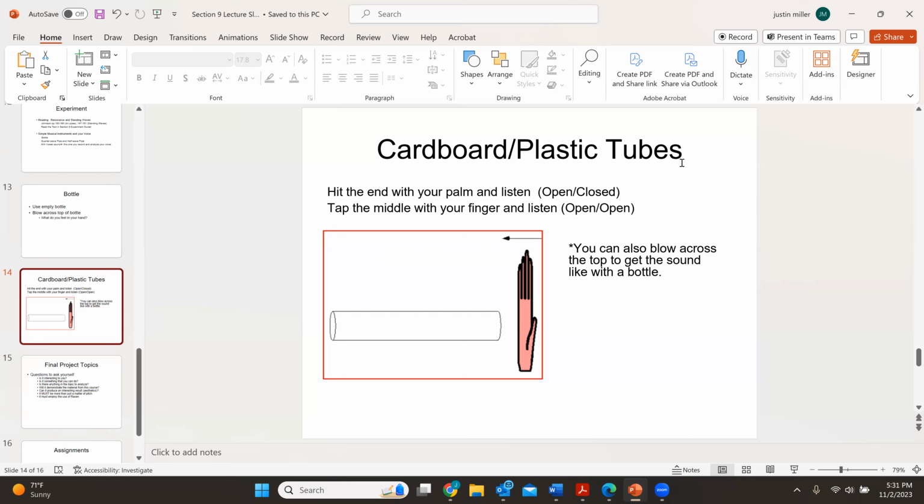See, I got a big tube right here. So this is an open tube. I was just hitting on my head there. Doesn't really work that well, striking it.